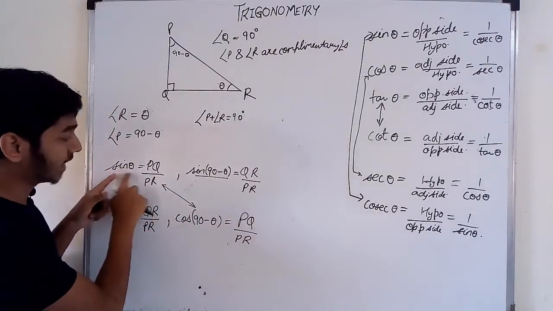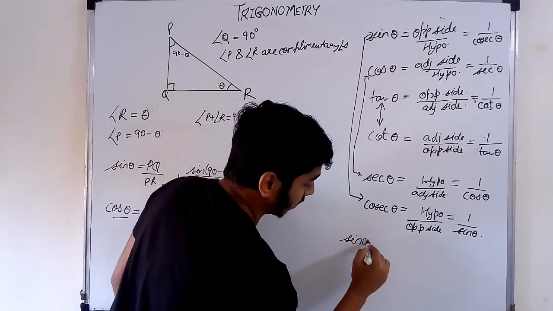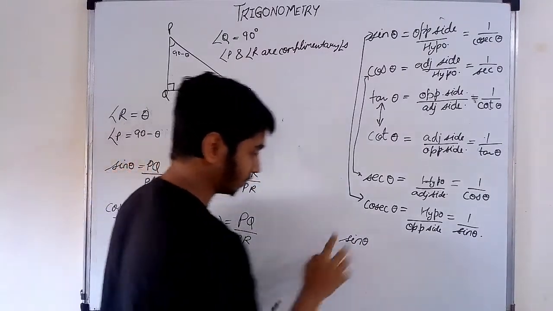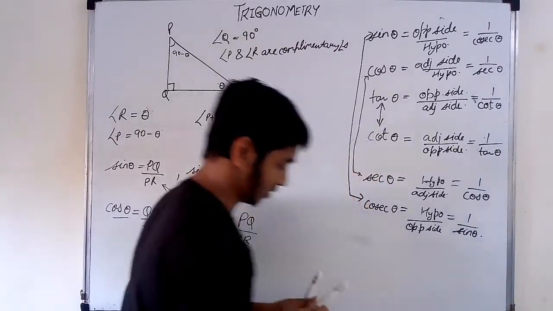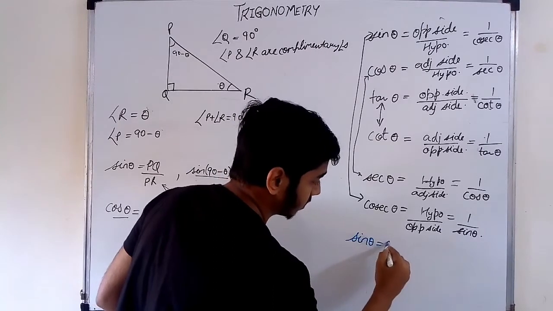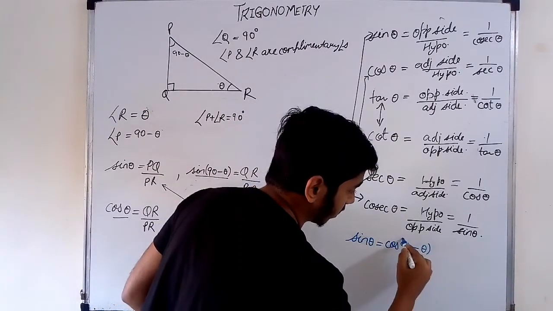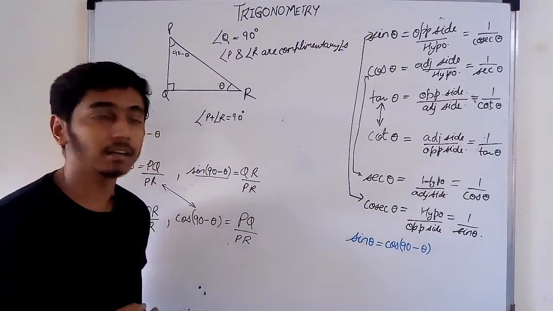So we can say sine theta is cos 90 minus theta. Correct?